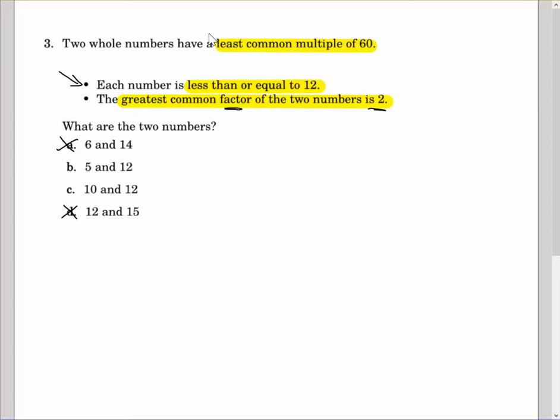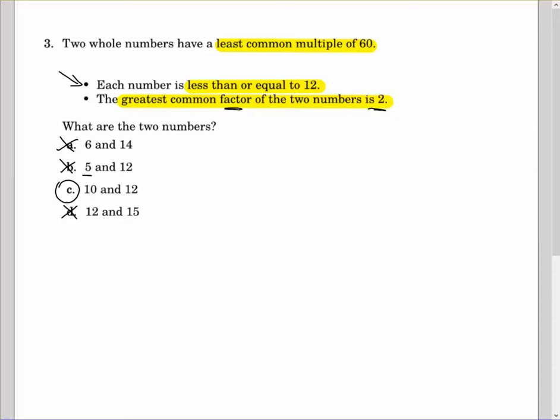We are multiplying a number by 2 to get an even number. So we essentially know, based on the second criteria, that it has to be a set of even numbers, all right? So you can eliminate another choice based on that alone, which we can eliminate B, because 5 is not even. So 5 does not have a factor of 2. So what we're looking for is choice C.